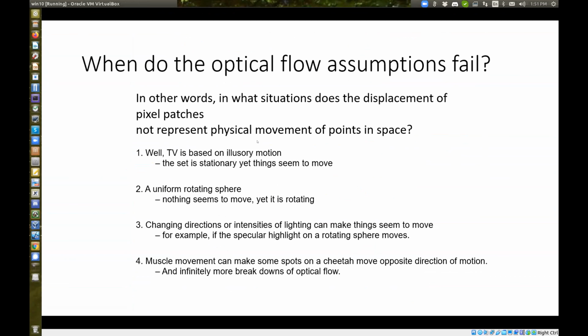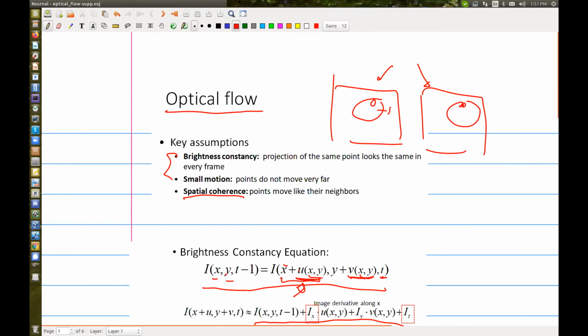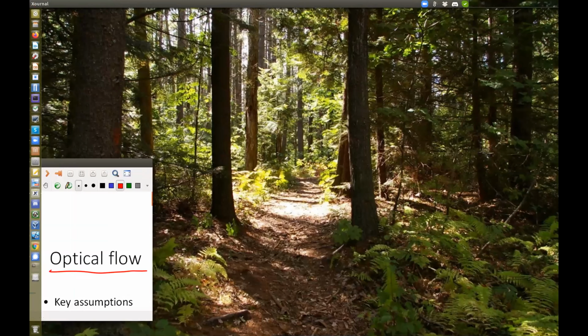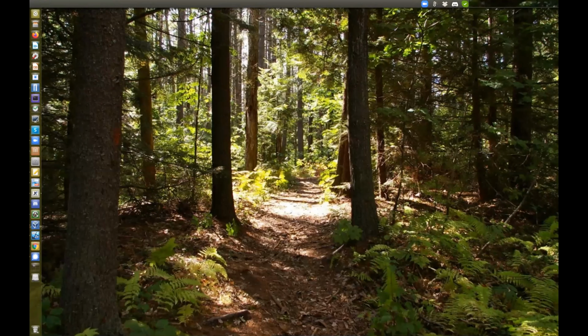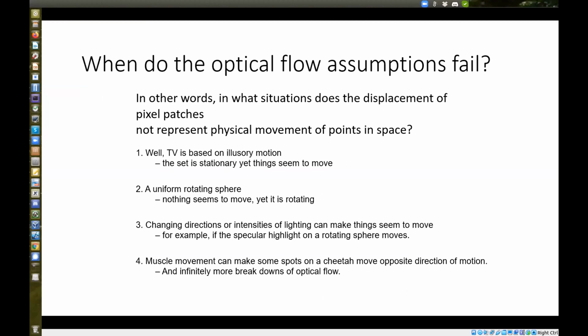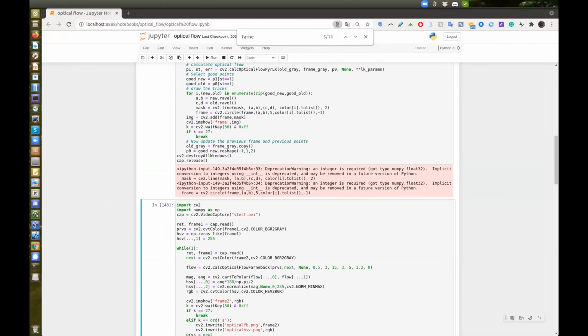So okay, actually I have quite a lot more time than I expected. But let's see, maybe I will do a little bit of a demo. Let's see if I can find where my code is here. Oh yeah.